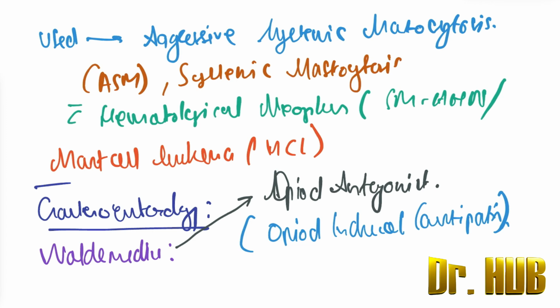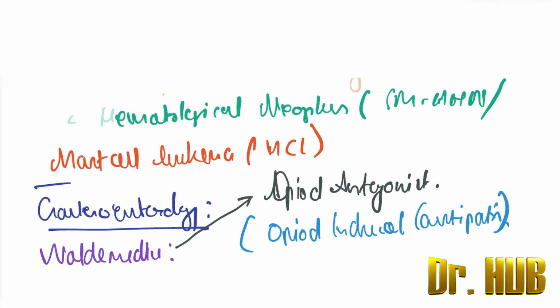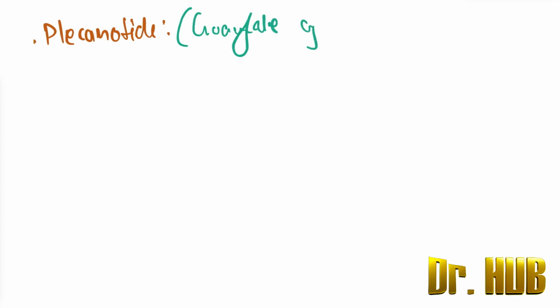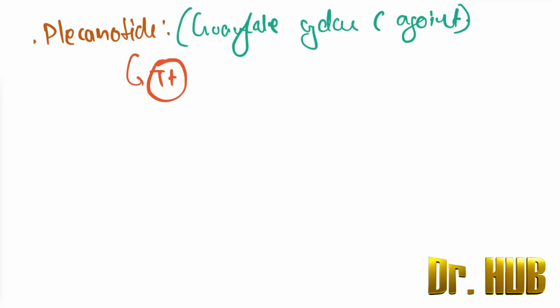And then comes plecanatide. Plecanatide is nothing but a guanylate cyclase C agonist, and it is used to treat the CIC.